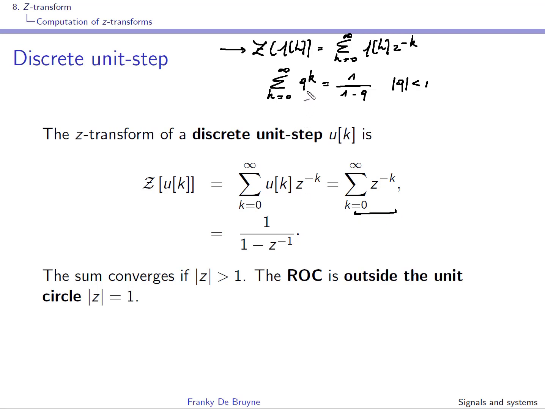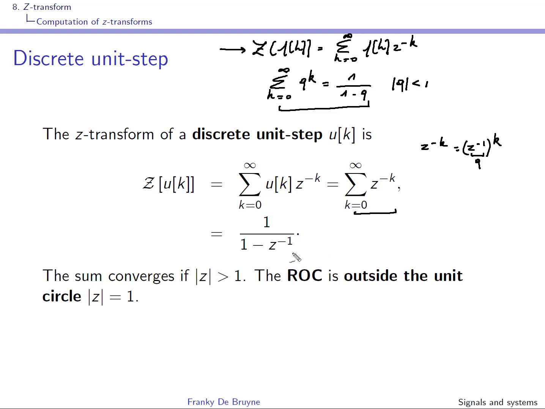And now what you can do is apply this formula. Okay, z minus k, you can see it as z minus 1 to the power k, right? So here q will play the role of z minus 1.